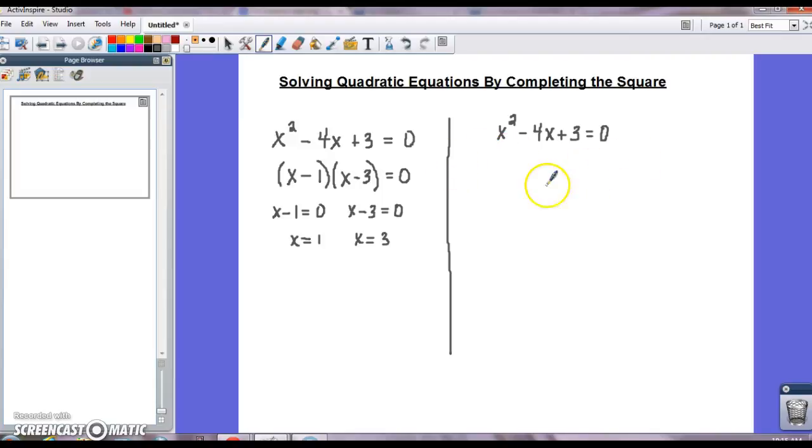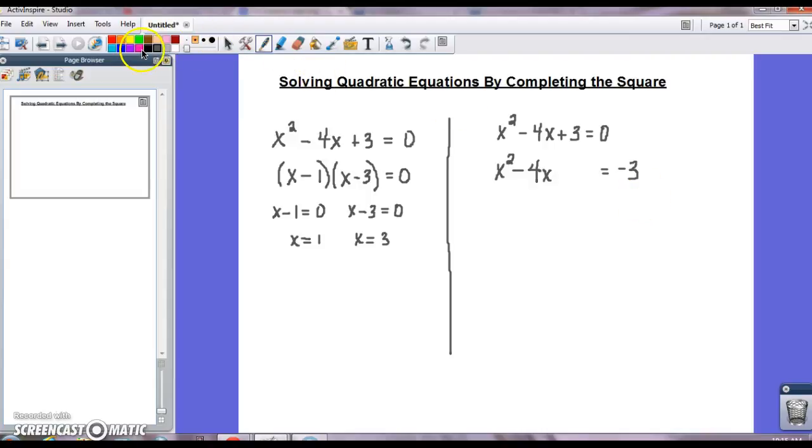So we're fine with that part. The second step is to move that constant term over to the other side. So you have x squared minus 4x, and I'm going to leave a space here because I'm going to be writing something in there. Okay, so since it was plus 3 on this side, I have to subtract it from both sides, and I end up with minus 3 on the other side.